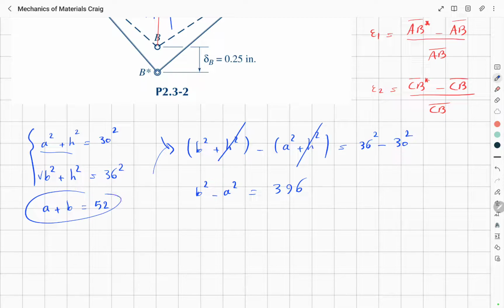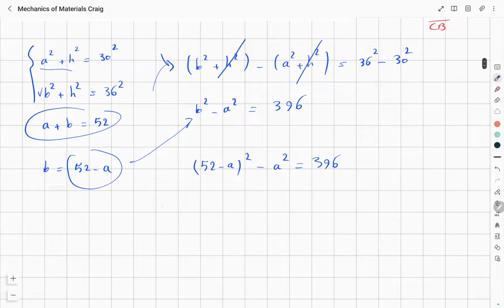Now using this equation, we can write B is equal to 52 minus A. And now if we put this value here, we can write (52 minus A) to the power of 2 minus A to the power of 2 is equal to 396.